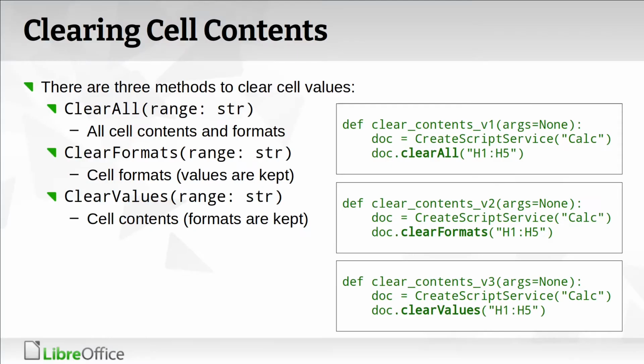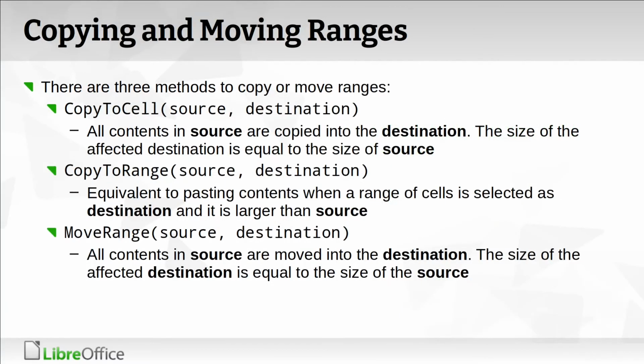Now moving on. Now we're going to talk about copying and moving ranges. We have 3 methods for doing that: CopyToCell, CopyToRange, which is a bit different, I'm going to explain this in a minute, and MoveRange. CopyToCell takes a source and then we specify a destination.